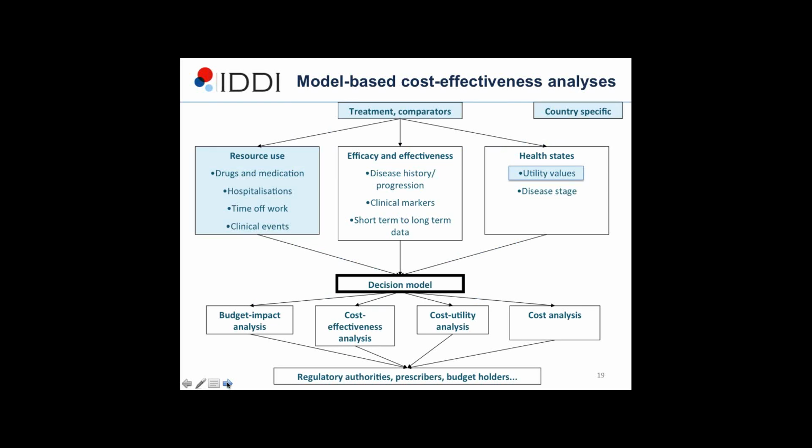We need to start with a clear idea of how the disease works, health states, and the history and progression of the disease, an idea of the treatment and the comparator to include, efficacy and effectiveness, as well as the resource use, both direct resource use and productivity losses, according to the perspective of our study. As you can see, some of these elements are going to be country-specific, and this will be something to take into account when developing your model.